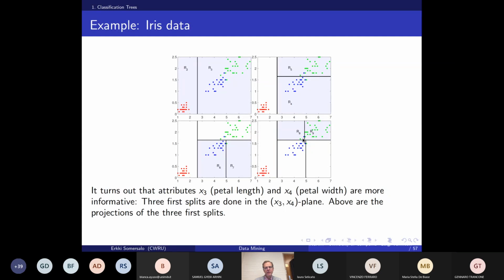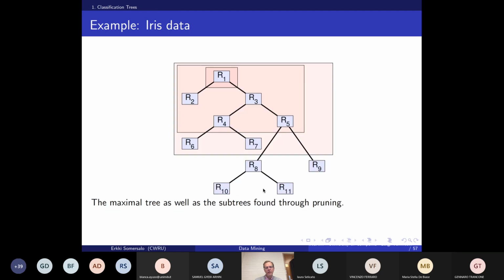So look at this last split here. The last split hardly improves the classification properties of the tree, because there's just one point which is on the other side of this blue point, but it increases the complexity because I'm still splitting this R8 to further nodes 10 and 11.